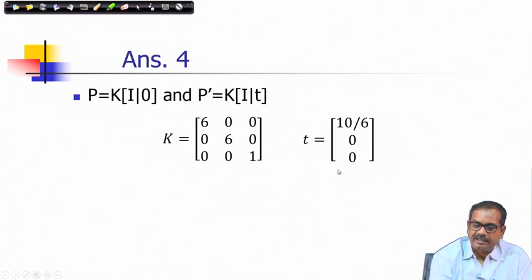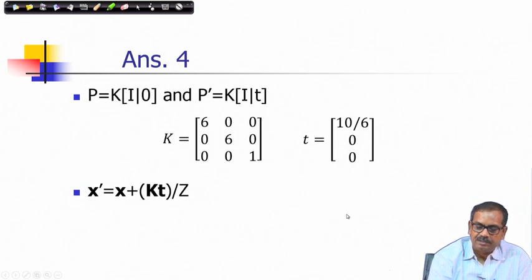So, this is k and this is t. You note that t needs to be scaled by the value 6, because in the previous case the representation was k t. So, if I multiply this one, then only you will get the previous matrix.